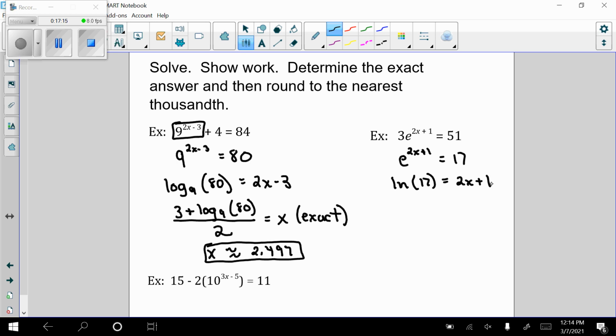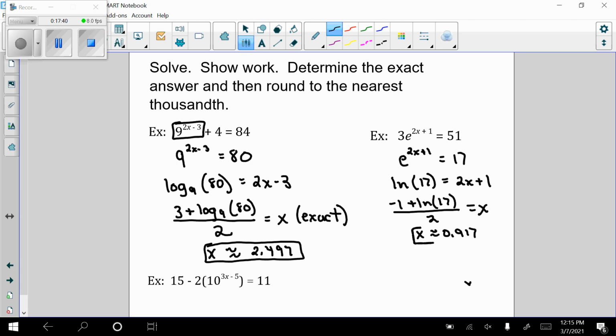Subtract 1 and divide by 2. So -1 plus natural log 17 divided by 2 is x. There's the exact answer. And if you put that in your calculator, I would use your natural log key. You should get about 0.917.